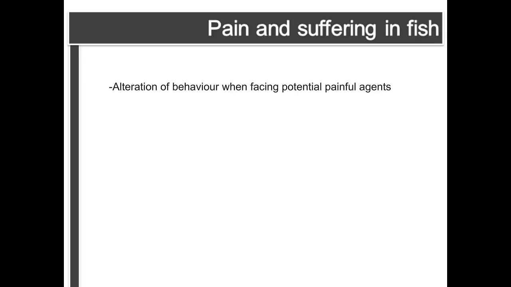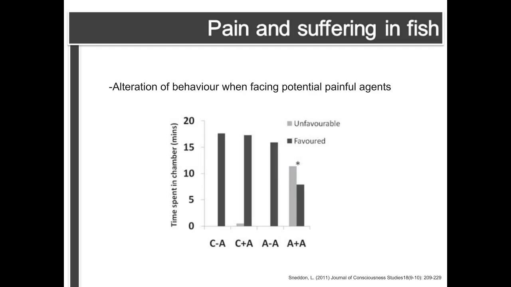Other evidence is the alteration of behavior of the fish when they face potential painful agents. For example, in this situation, the zebrafish is placed in a tank with two compartments, one is favored because it has some social reward and some plants, and the other one is just a barren environment.